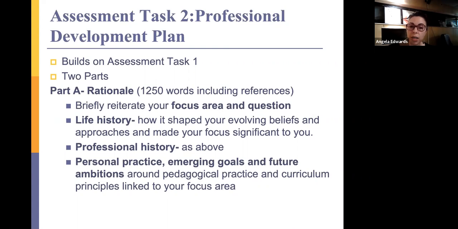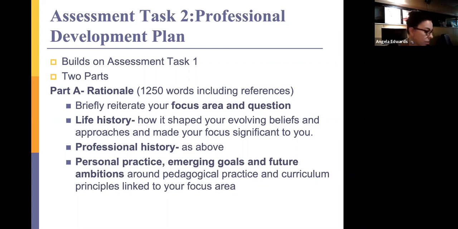So to do this, you would, well, actually, before I go into that, I'll talk about part B. So part A is the rationale. Part B will include a brief written overview of the why and how of your action plan, and then the actual action plan. So 2 parts.